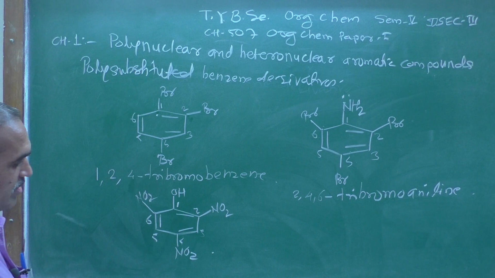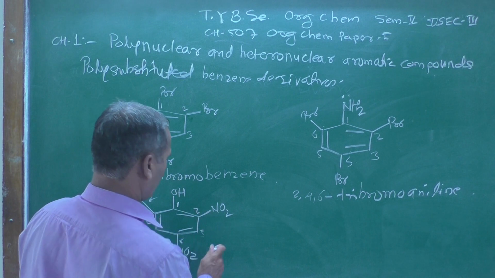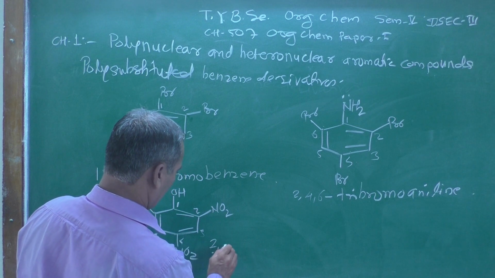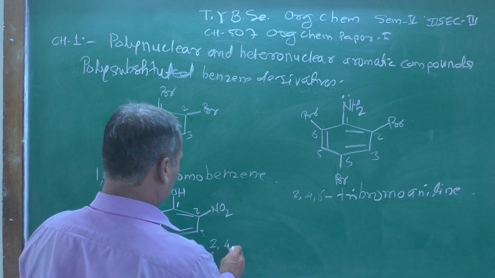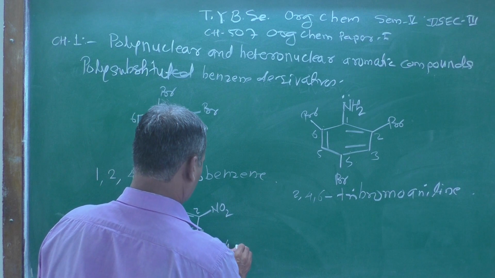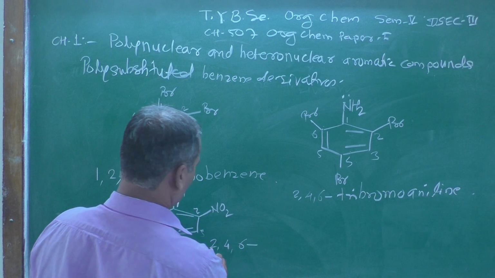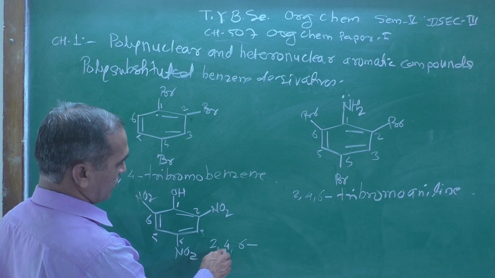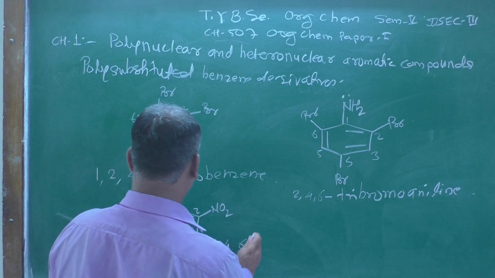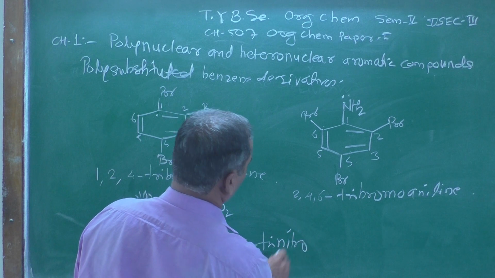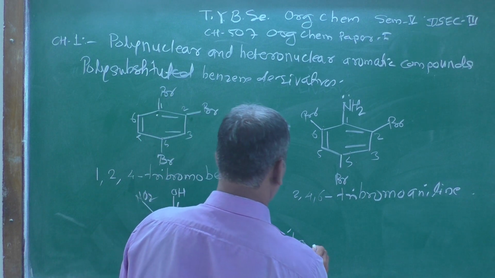The IUPAC name of this compound: the nitro groups are present at 2, another nitro group at 4 position, and one more at 6 position. So 2, 4, 6, then dash, trinitrophenol.